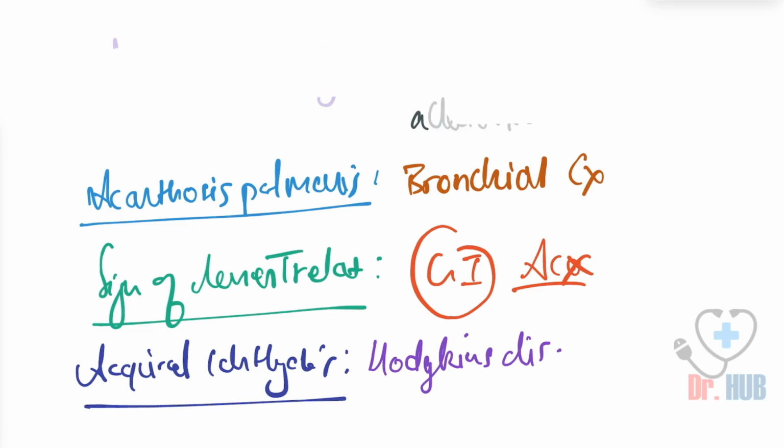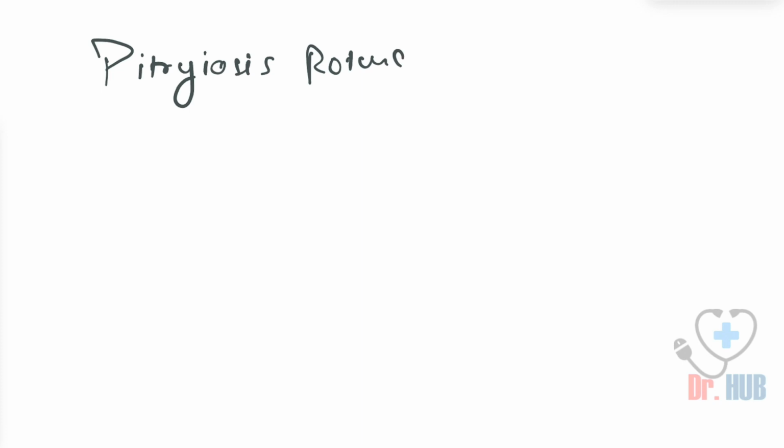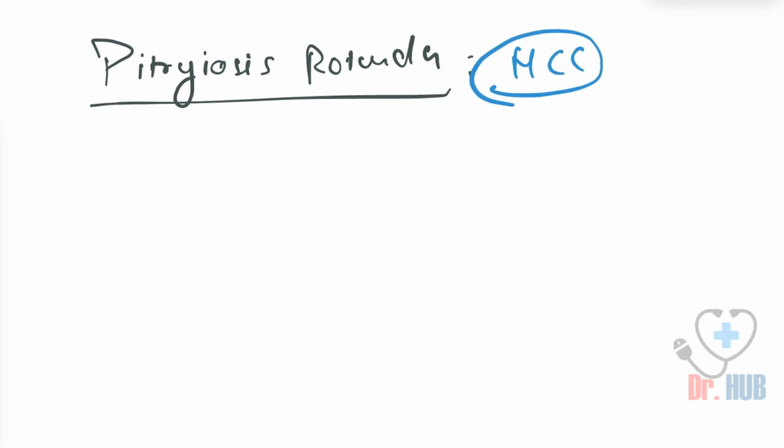Now we move ahead, we look at pityriasis rotunda. The pityriasis rotunda stands for hepatocellular carcinoma, HCC. Then we move on to paraneoplastic pigmentation.